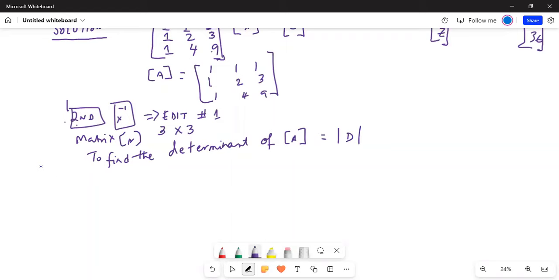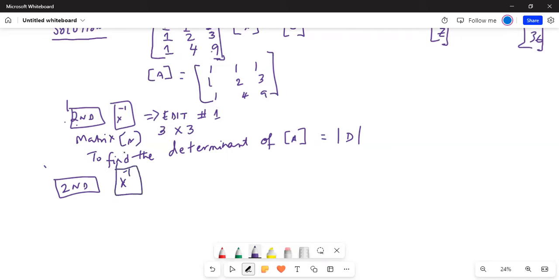So how will I do that? I press the second button again, then the x minus 1 button.